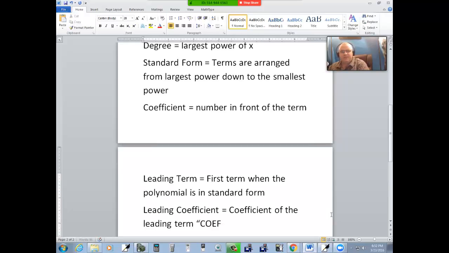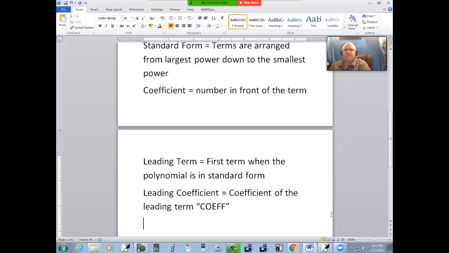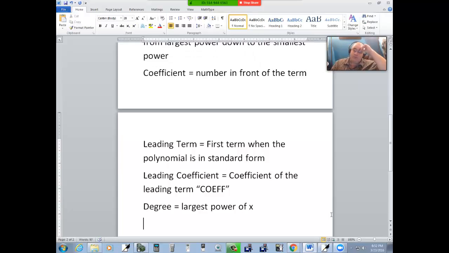I'm just going to refer to this as coefficient. We also have degree, which is our largest power of x. I know I got that up above, but I'm putting it here for a specific reason.